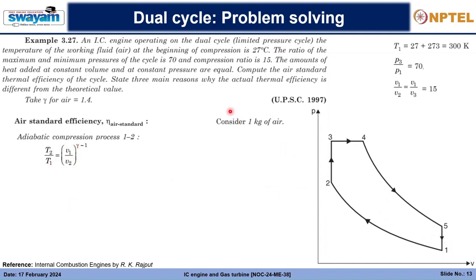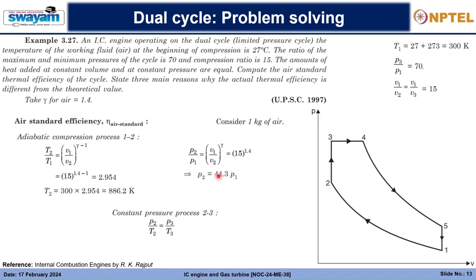We know the compression ratio V1 by V2, which is 15. Using this expression, we simply get the value of T2 as 826.2 Kelvin. Again, we find the value of pressure by plugging the values into this equation, and you will get P2 equals 44.3 P1.